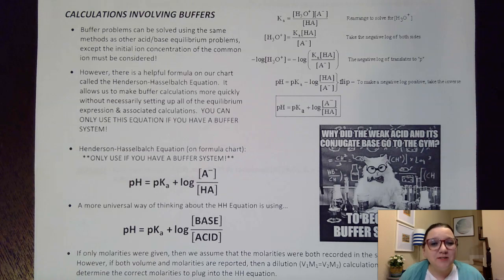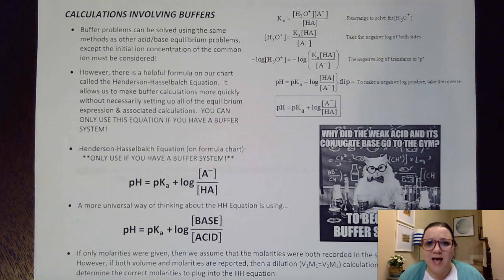Now, a buffer solution is simply an equilibrium system between a weak acid or base and its conjugate pair. So you could solve these problems using the same method we've used for all of our equilibrium problems, which is a RICE table. You would have a starting concentration of both your weak acid or base reactant as well as your conjugate partner on the product side.